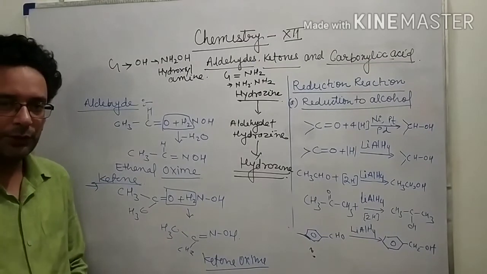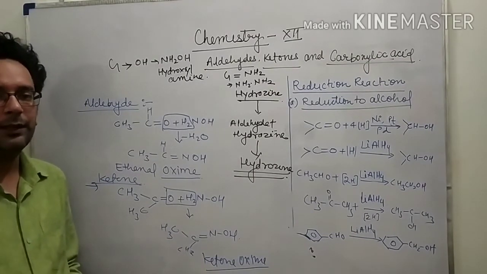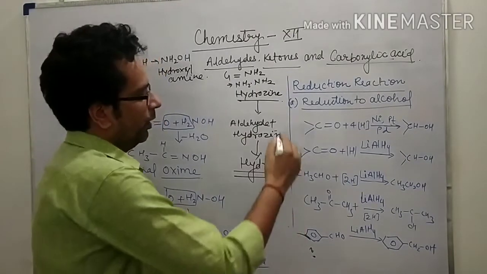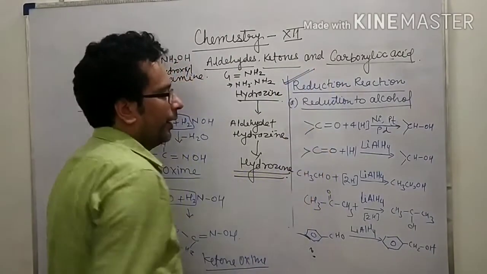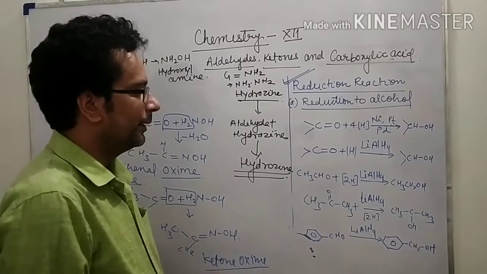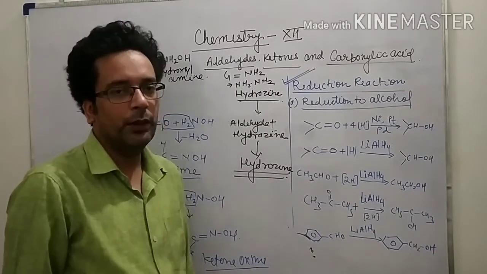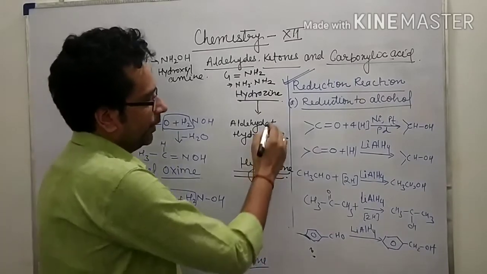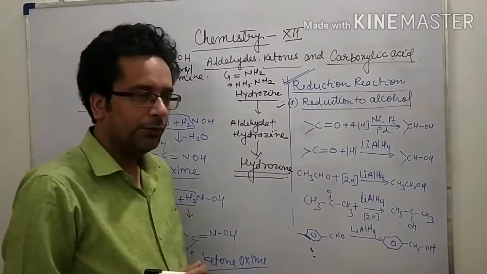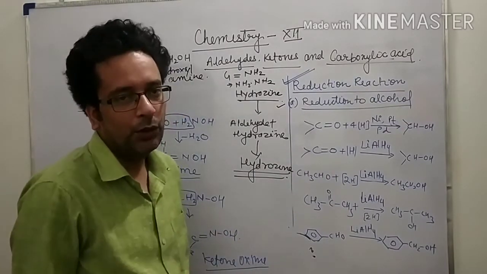Now next we are going to discuss the reduction reaction of aldehyde and ketone. There are two categories in reduction reaction. First, reduction to alcohol, and second, reduction to hydrocarbon.